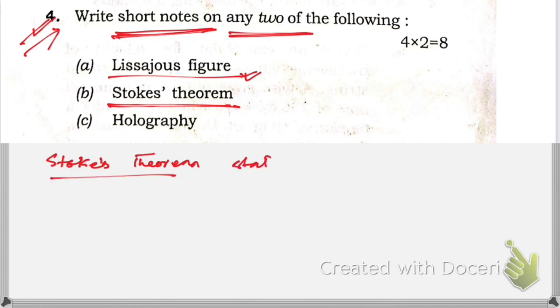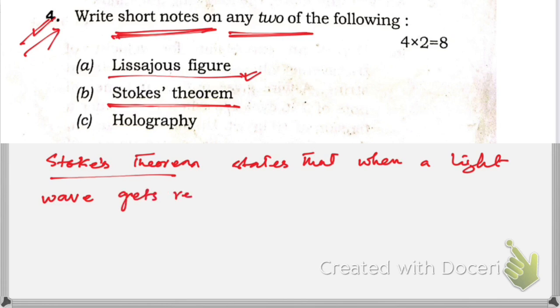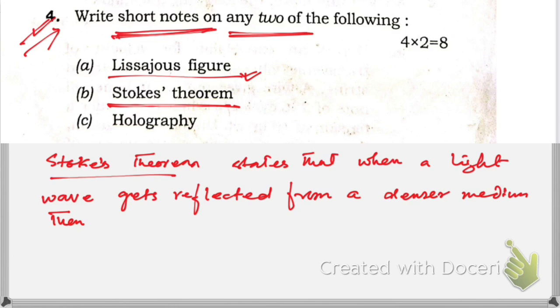It states that when a light wave gets reflected from a denser medium, then its phase changes by pi, right?